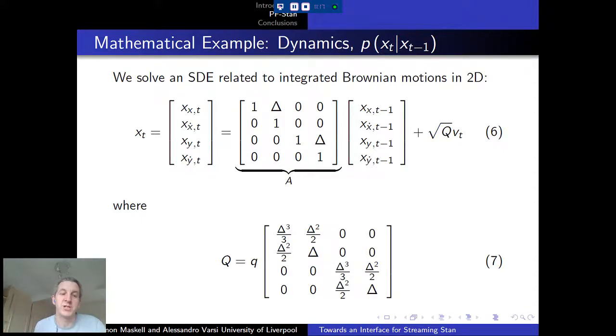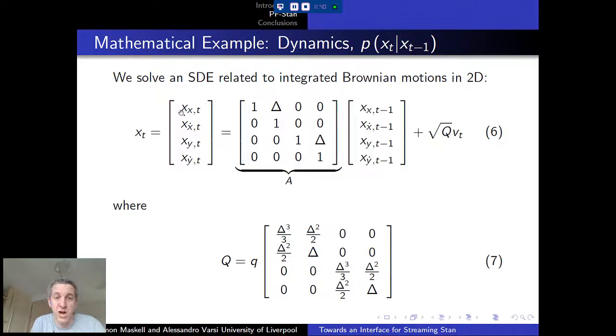We'll call the x position x_t at time t, the x velocity x dot t, the y position y_t, and the y velocity y dot t. And we've got all those at time t minus 1.